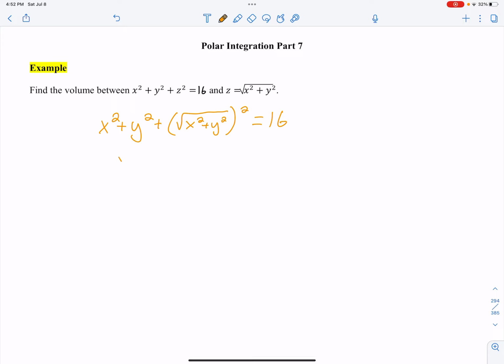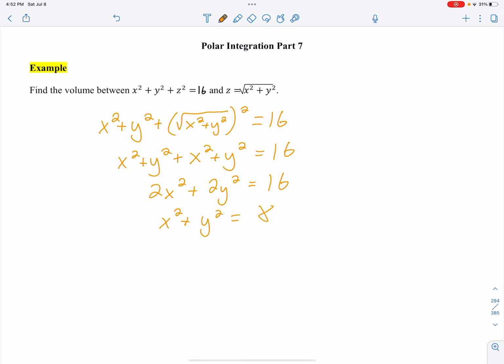If I work that out, I got x squared plus y squared plus x squared plus y squared. The square and the square root are inverse operations, so they go away. I got 2x squared plus 2y squared equals 16. If I divide everything by 2, I got x squared plus y squared equals 8. So this is a circle, so let's draw this.